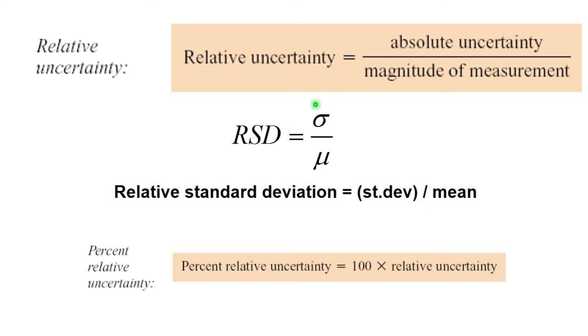So we are dividing standard deviation, which is a measure of uncertainty, by the mean. Some people use percentage, so percent relative uncertainty, that is 100 times relative uncertainty. I strongly discourage you from using this. You'll forget about percent and you'll be off by 100-fold.